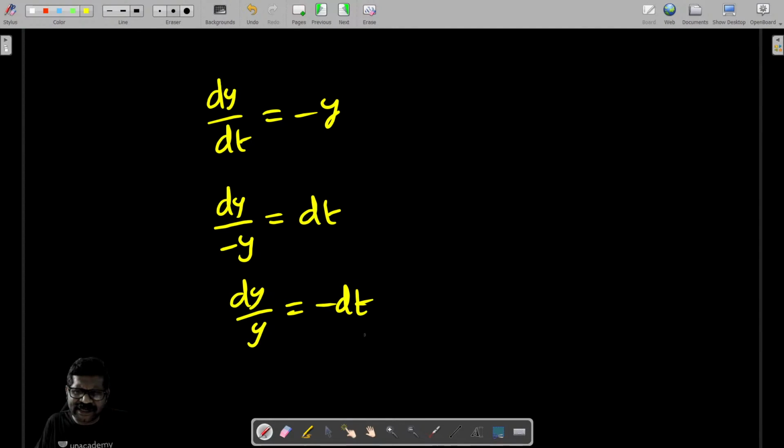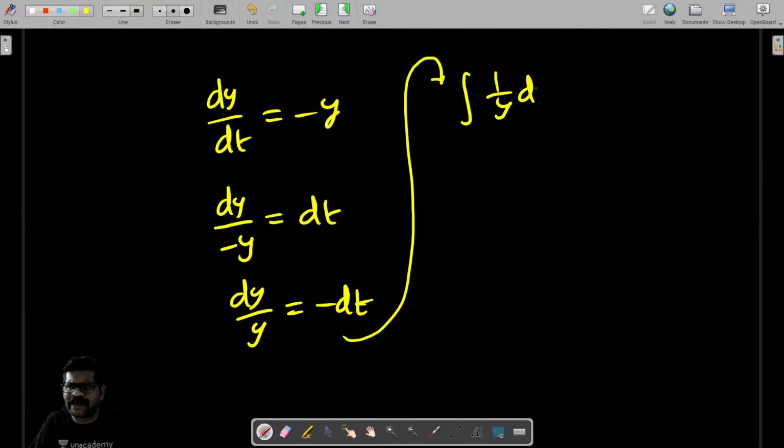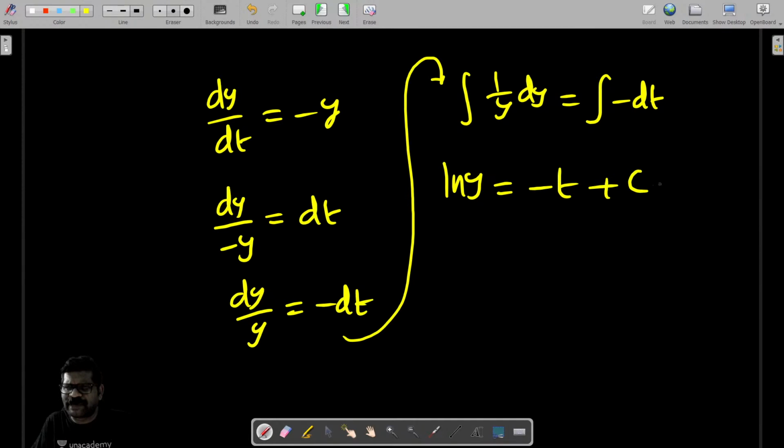By taking integration on both sides, integral 1 by y dy equal to integral minus dt, that is log y equal to minus t plus c.